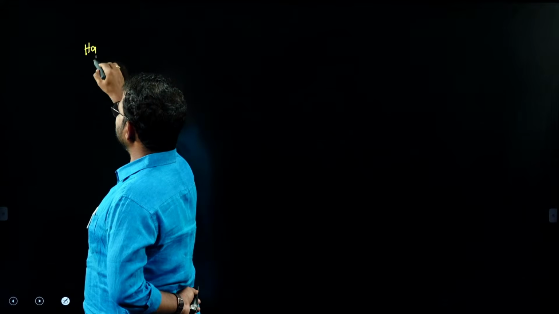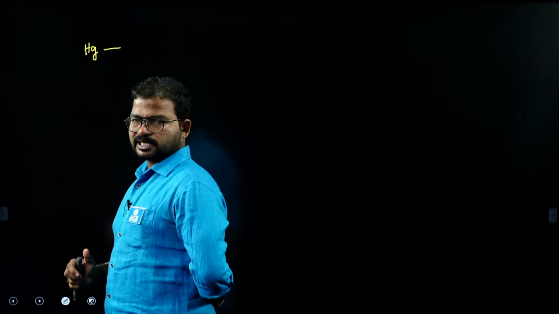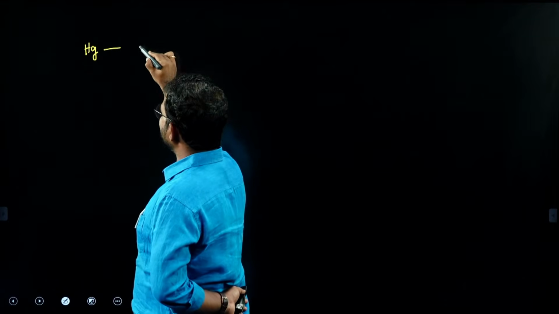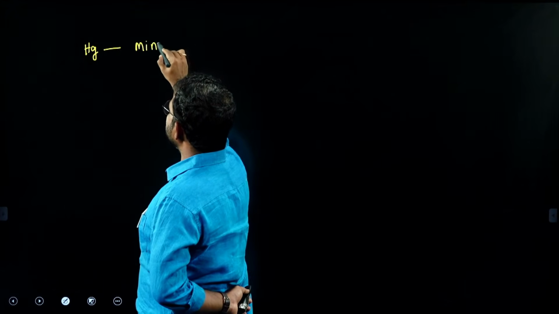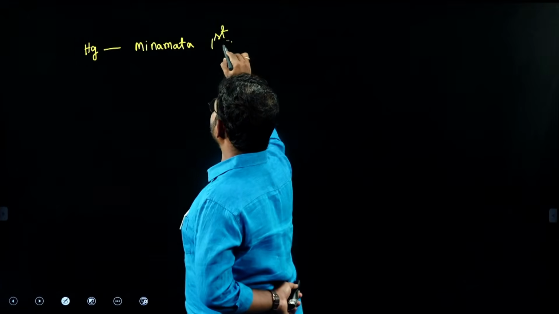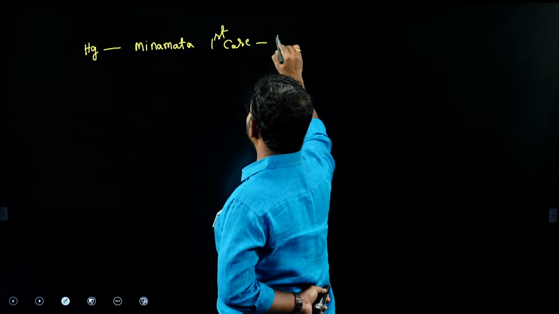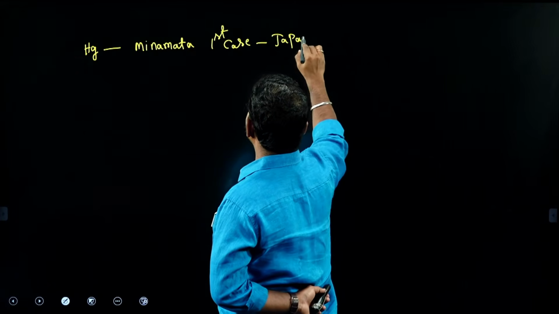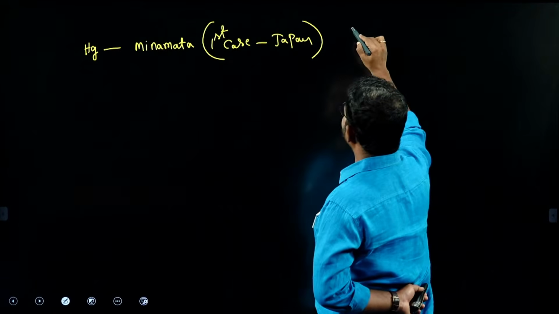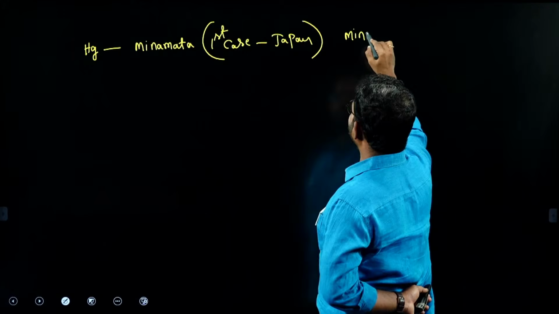So if there is excess deposition of mercury, it also causes a disease. It is called Minamata. The first case of Minamata was found in Japan, on Minamata Island.